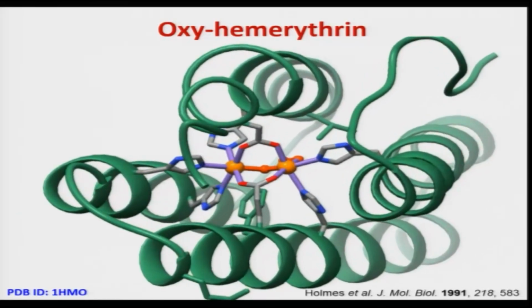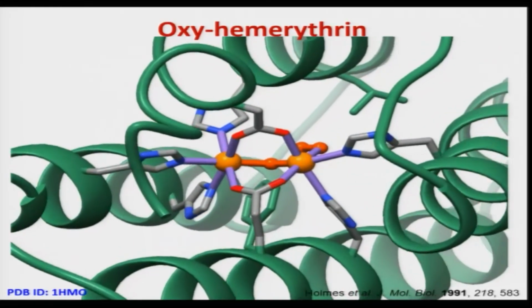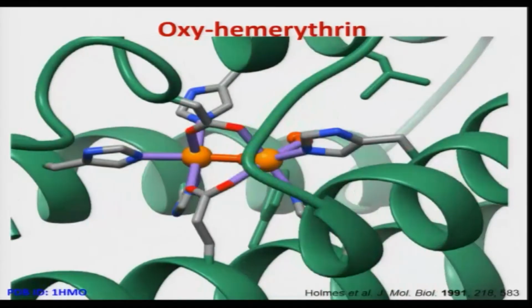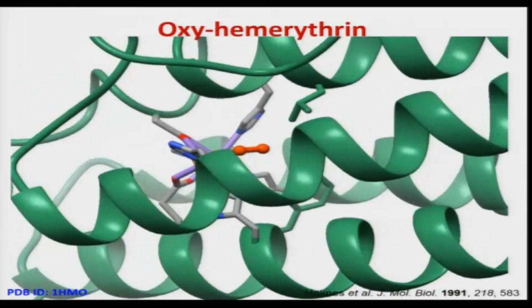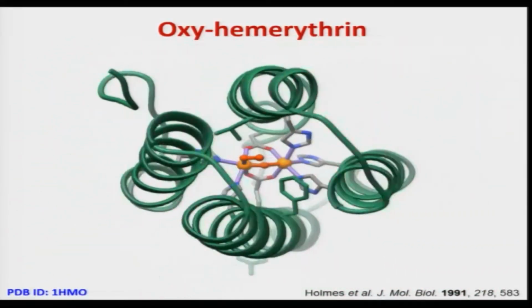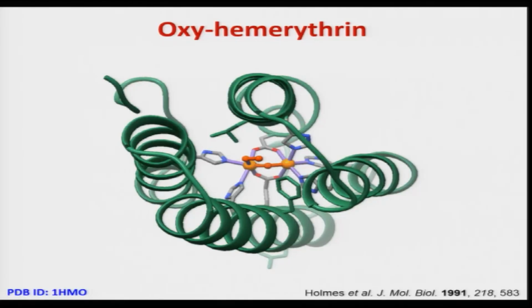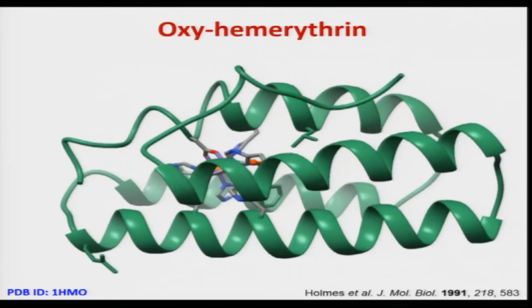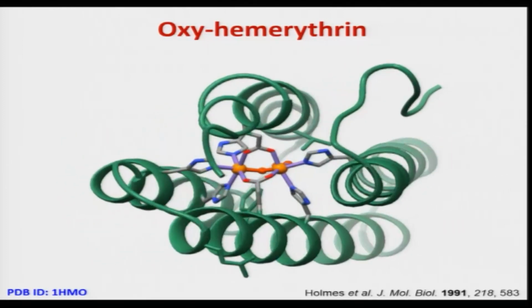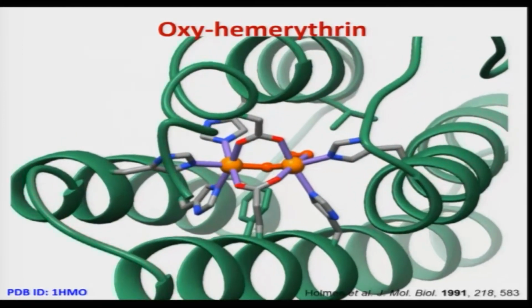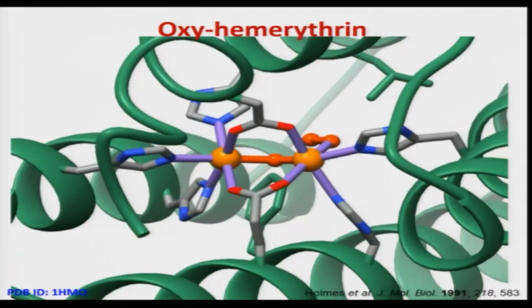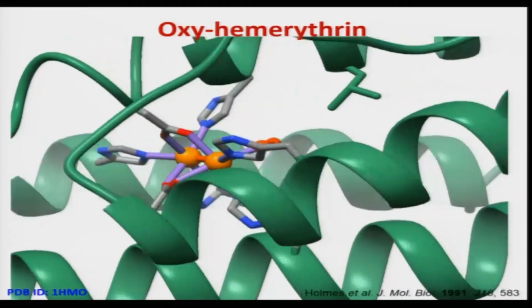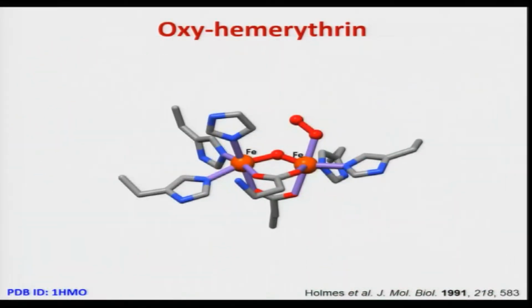As you have seen in case of hemerythrin, huge protein chains are wrapping around this diiron center, and the diiron unit sits at the center where dioxygen comes and binds. So, let us remove these protein chains and see how dioxygen actually binds.